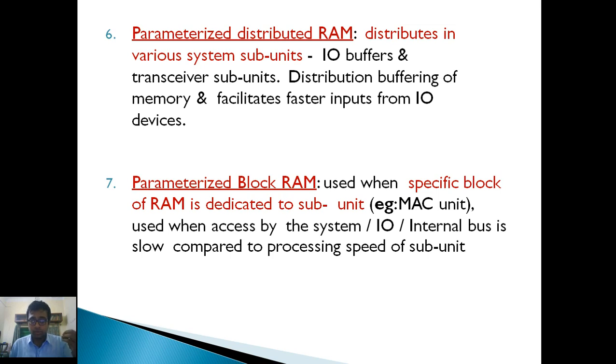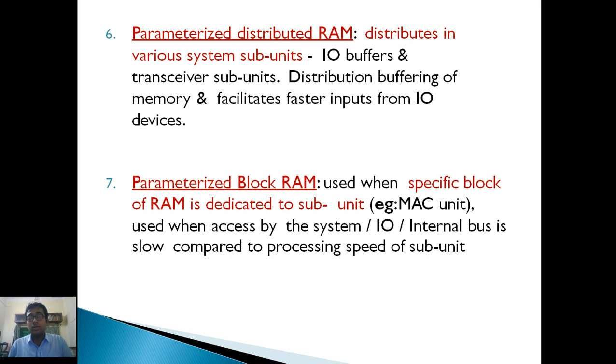In case we have an embedded system, and we have to increase the overall performance of the processor, the peripherals that are used, or the input output segment where we have LEDs or LCDs, to increase the overall performance of the embedded system, this kind of parameterized distributed RAM is used. That's why it is distributed in various system subunits, such as input output buffers.